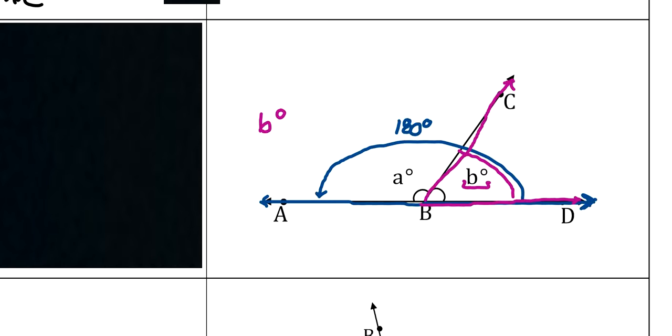The other part we have, let's pick a color for it, is angle A. To go from BC all the way down to AB, we have to spin this measurement in green, which is angle A.